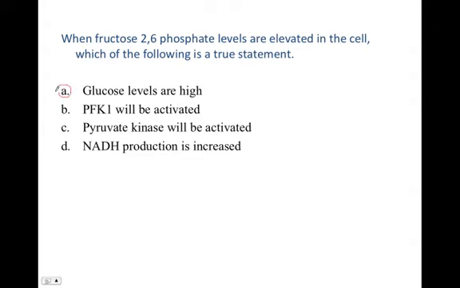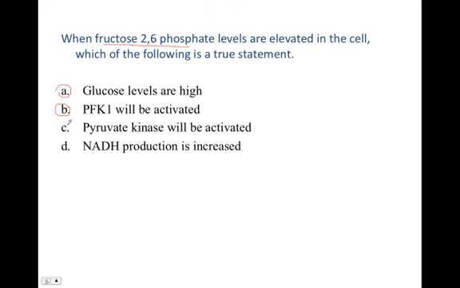Remember, fructose 2,6-bisphosphate is generated by the phosphorylation of fructose 6-phosphate when the 1,6 molecule is elevated. B. PFK2 will be activated. I would again say this is true, right? Fructose 2,6-bisphosphate stimulates the activity of PFK1.